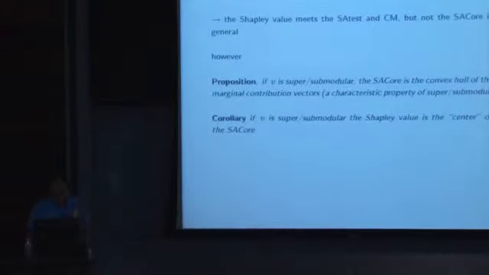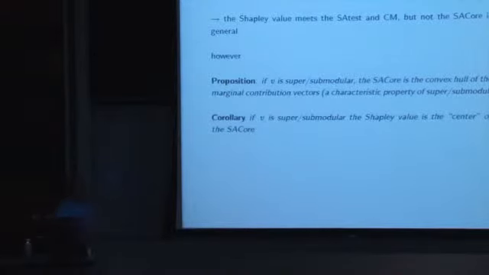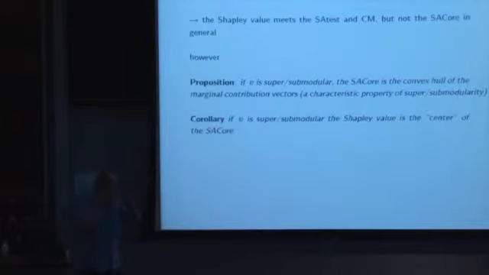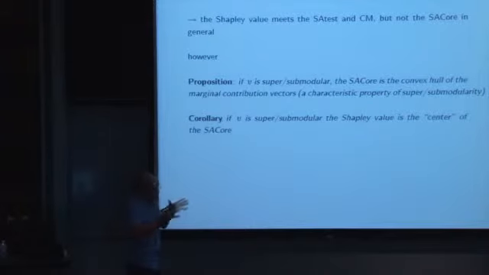The only thing I want to remind you, because it's going to be useful, are those types of propositions. If the game V is submodular, V, remember, will be my cost function or maybe my surplus function, but we're going to stick to cost function because you have to choose one or the other.